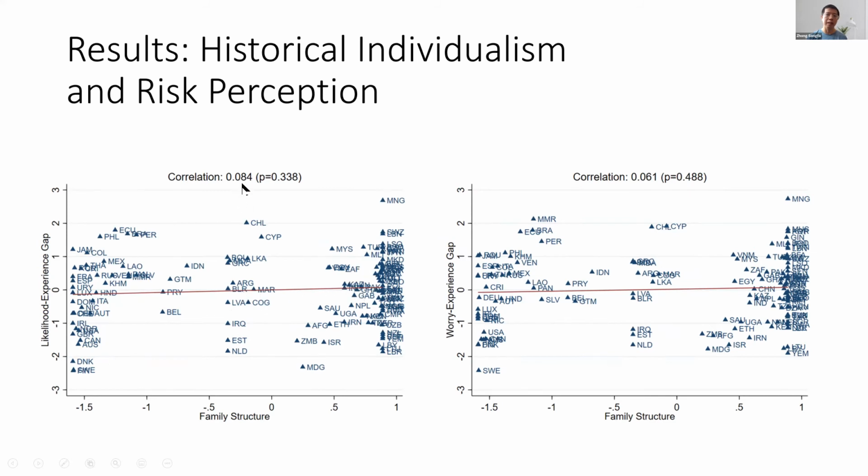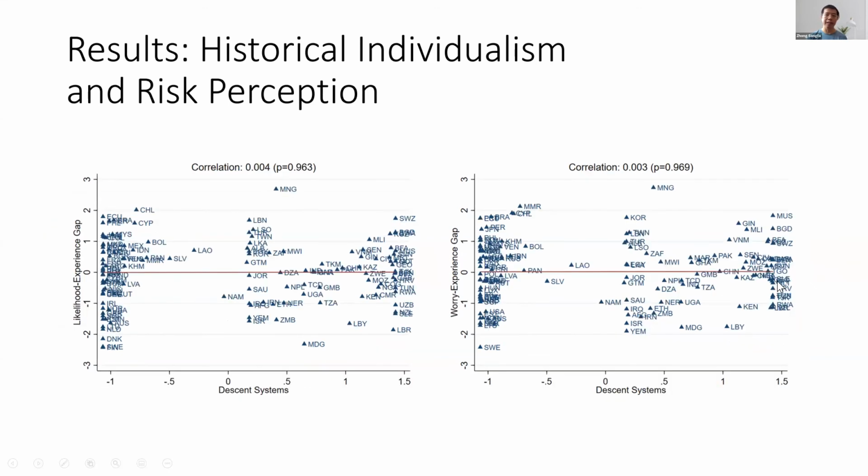The correlation size is like 8% and statistically insignificant between the family structure and the likelihood experience gap. We see that when the family structure score is higher, then the gap is higher, but the size is quite small.